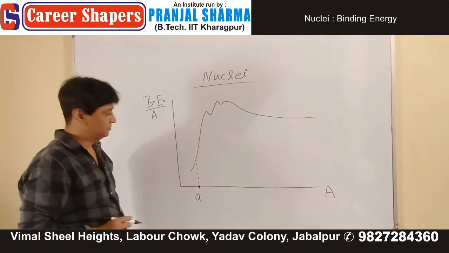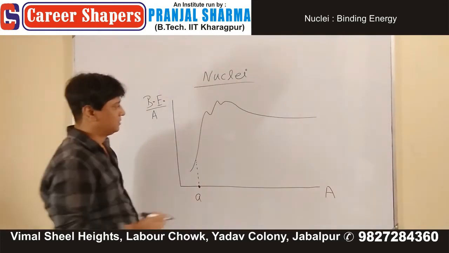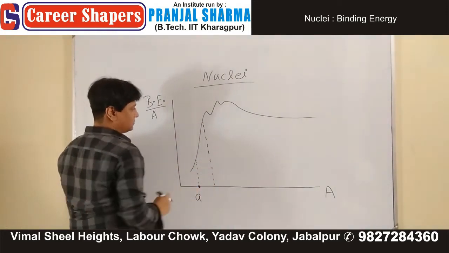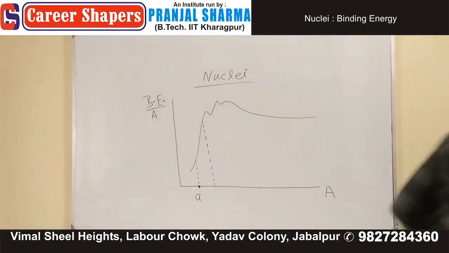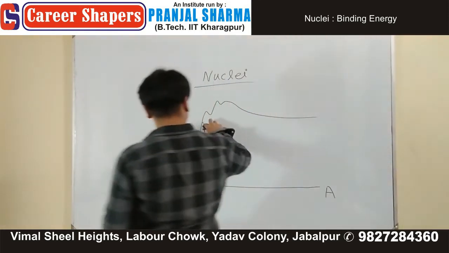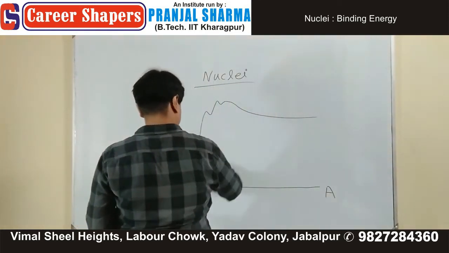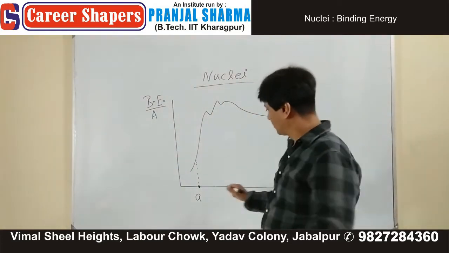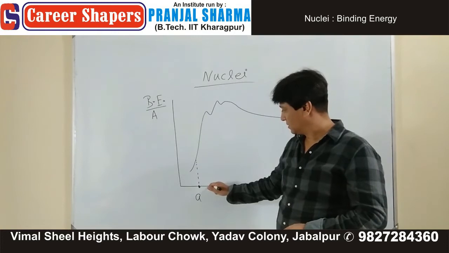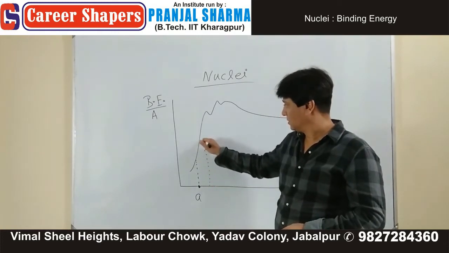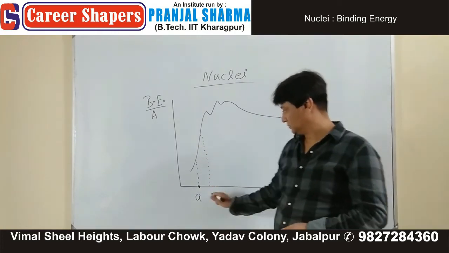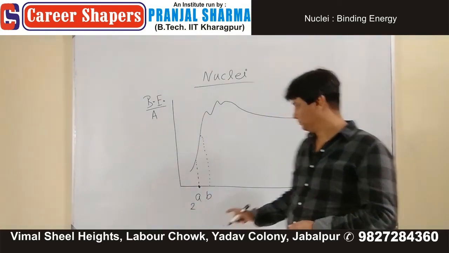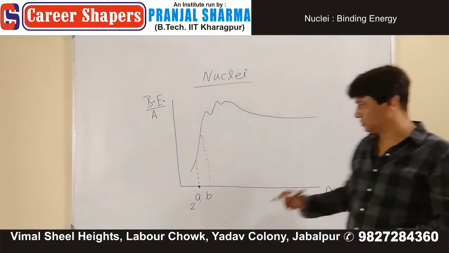This is A. This is B. This is 2, total number of nucleons.